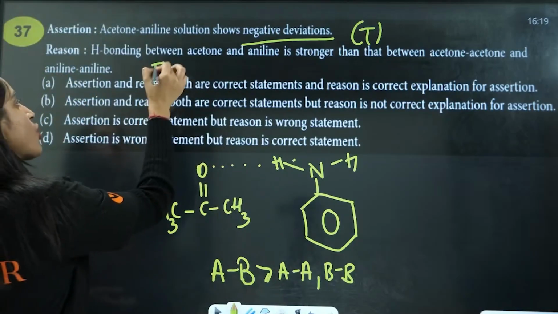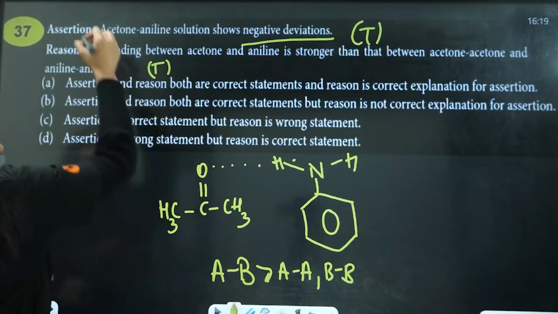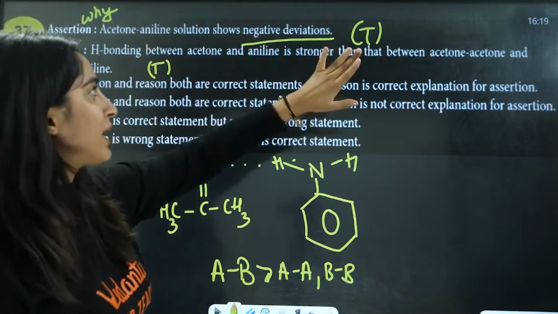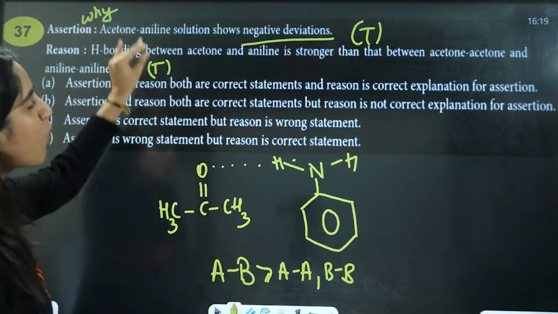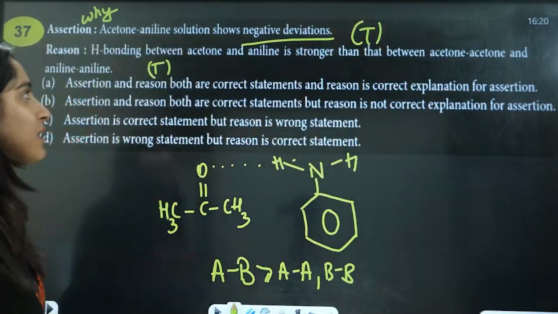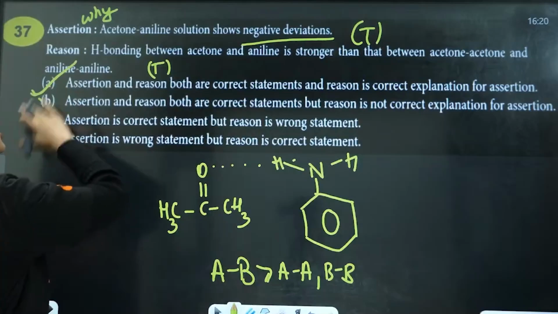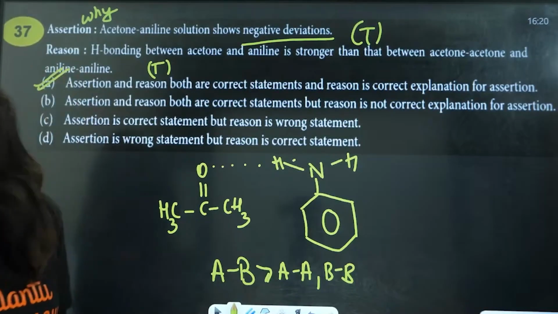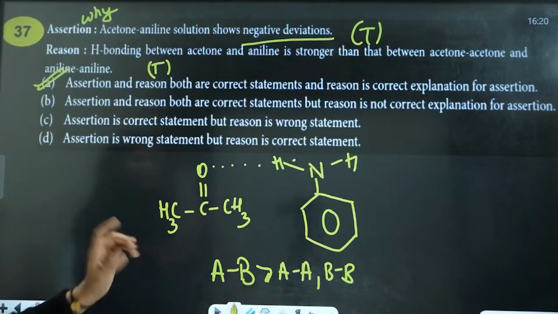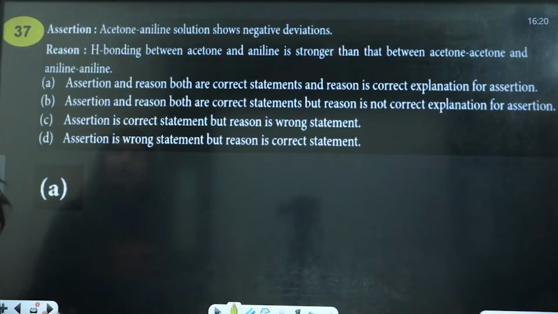So this statement is also true. Why does the acetone-aniline solution show negative deviation? Because the hydrogen bonding between acetone and aniline is stronger. That is giving us the reason. So A is going to be the correct answer here, right? Very good. Any problem till now?